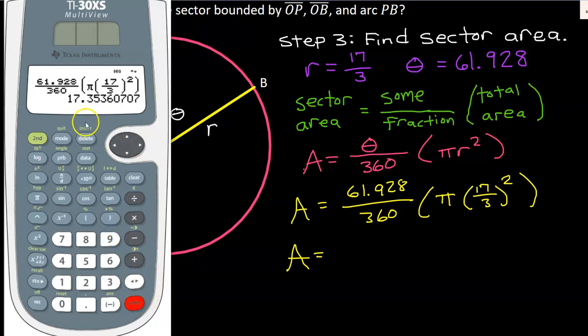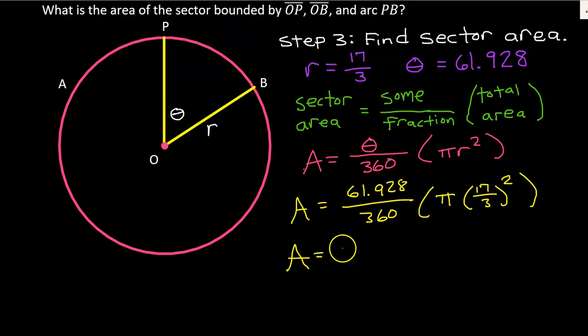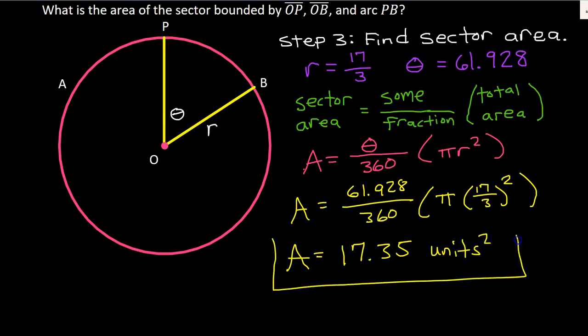And there you go, 17, and I think I'll round this down a little bit more now. I'll round it down to 2 decimal places, so 17.35. And whatever the units would be, square units. So I'll just say units squared. And that would be the area of the sector.